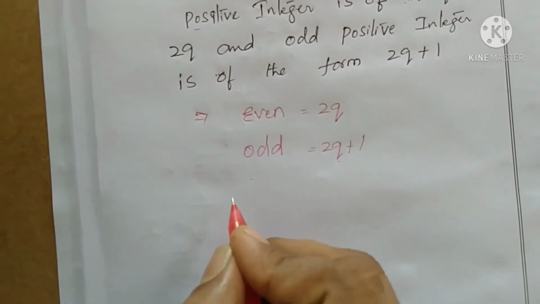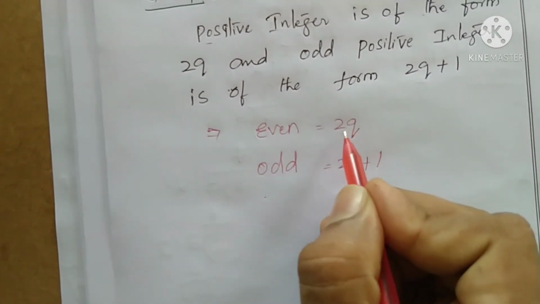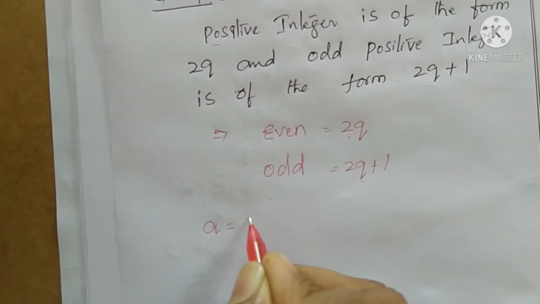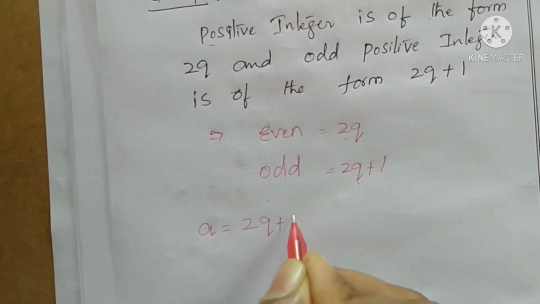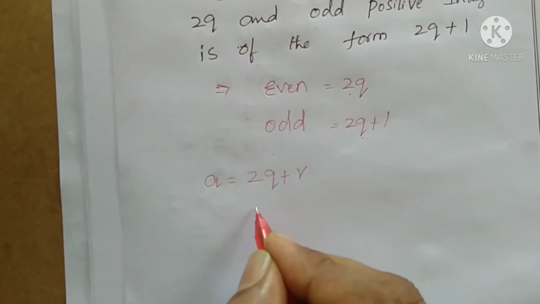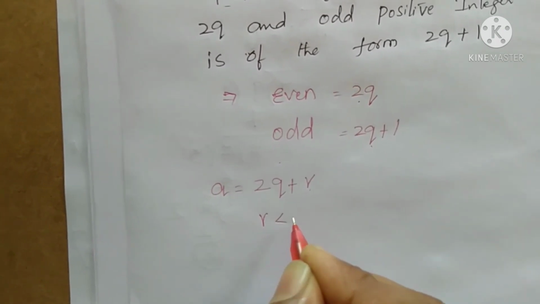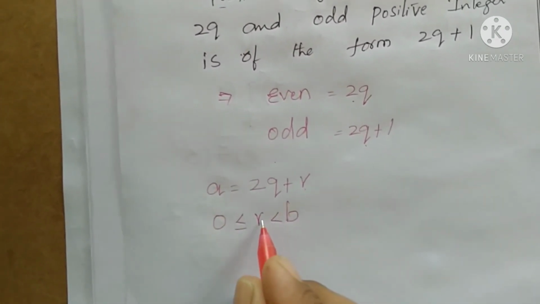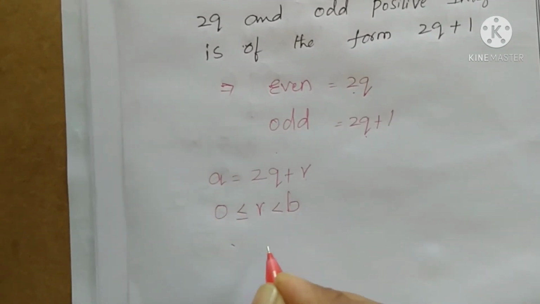So here our formula becomes, with b as 2, a is equal to 2q plus r. r is the remainder. What is the condition for r? r is always less than b and greater than or equal to 0.